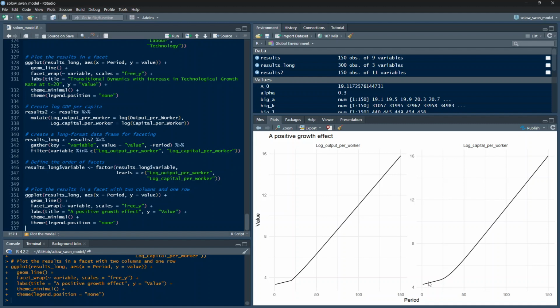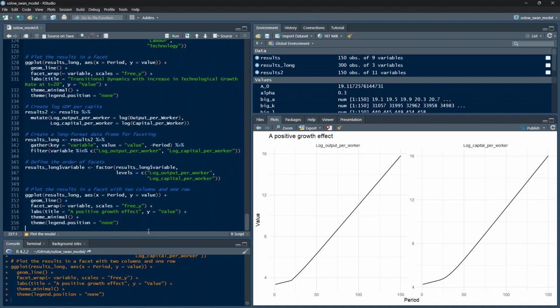And then here we have a similar outcome with the log of capital per worker, although there's a little bit more of a gradual change. Here, a gradual bend, but we can see that from the comparison of the slope of this graph before the shock and after the shock, the slope is actually different. So rather than having a negative level effect, what we see here is a positive growth effect.